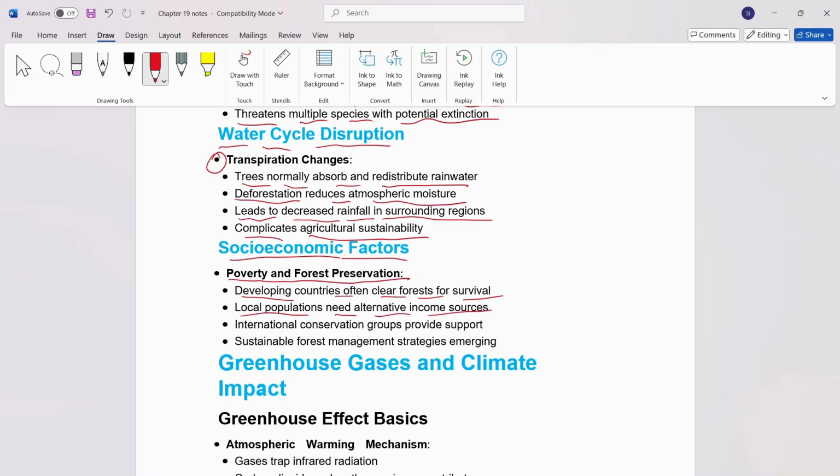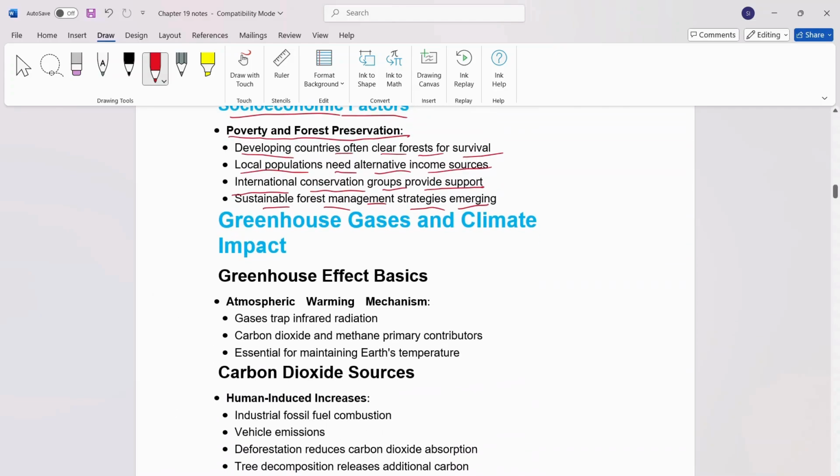So they remove the forest, they make industries to increase their incomes, to form more jobs, employability, such as international conservation groups provide support regarding this matter, and sustainable forest management strategies are emerging now because we know the consequences of removing trees, and deforestation consequences are extremely negative for our future generation.